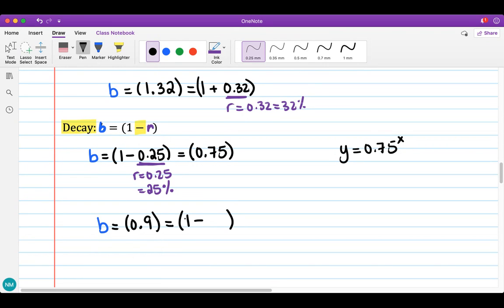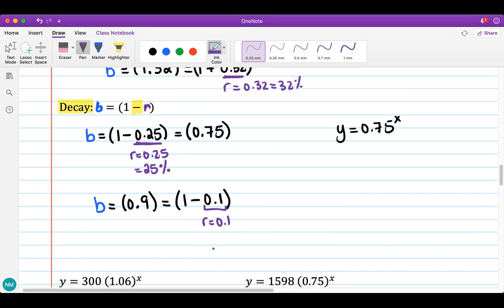It's going to be 1 minus what? $1 minus how many cents is 90 cents? Well, I know it's minus 10 cents, and 10 cents written is like that. That's a dime, right? So I know 1 minus 0.1 is 0.9. So that means that my R is equal to 0.1. So it's decreasing at a rate. And what is this? This is 10%. It is decreasing at a rate of 10%.